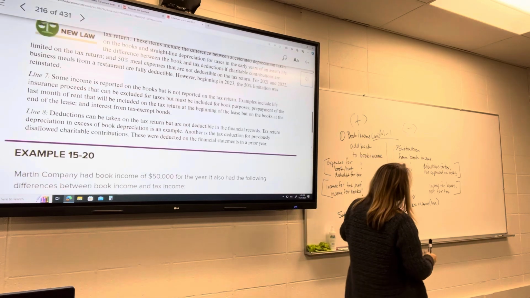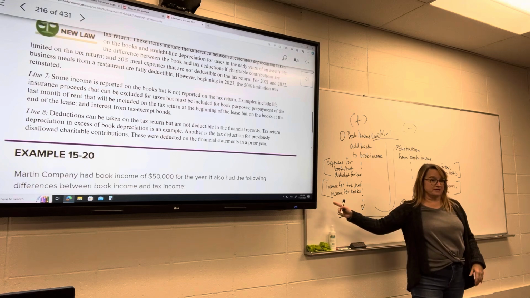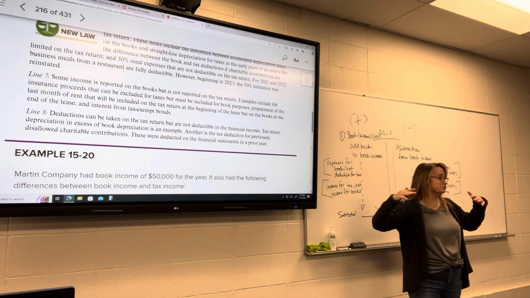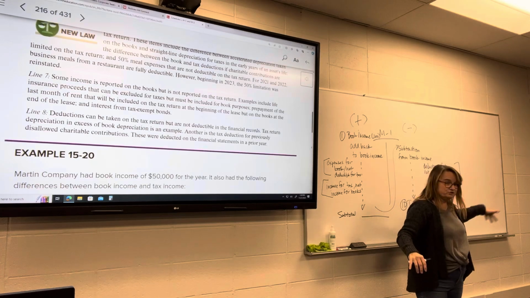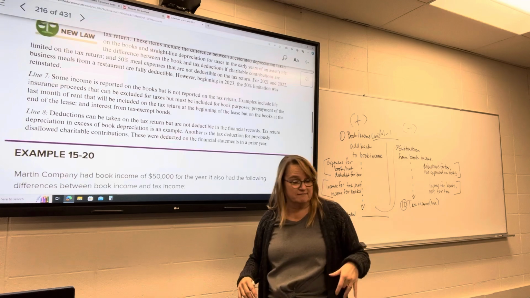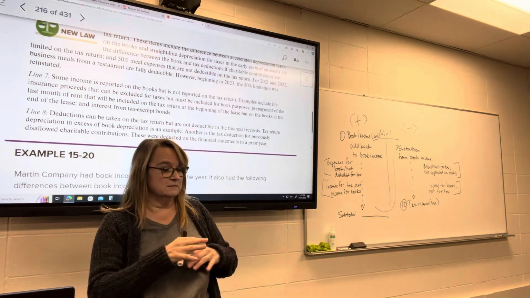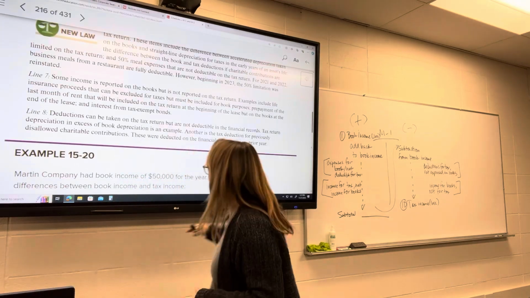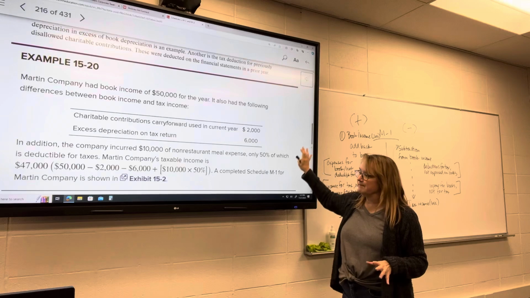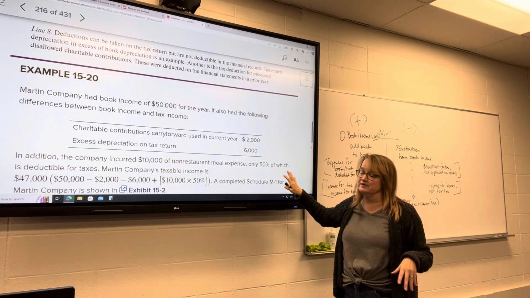Like I said, the life insurance example, or the 50% meals, that's never gonna even out because they're just treated differently. Life insurance is not income for tax, but it is income for books. It's not something that gets evened out over time, okay? So you've got some permanent differences and some temporary differences. Most of them are temporary, but some of them are permanent.